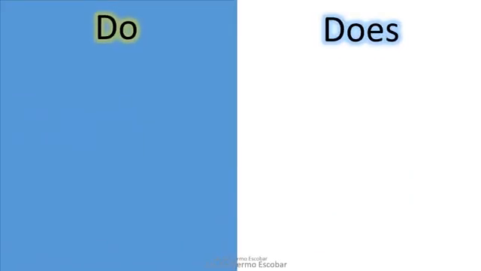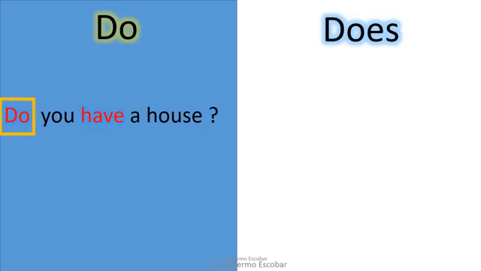Let's summarize. We have two auxiliaries. The first one is do. We use do to write a question in the simple present. For example, do you have a house? Do in the question is the auxiliary of the simple present tense.